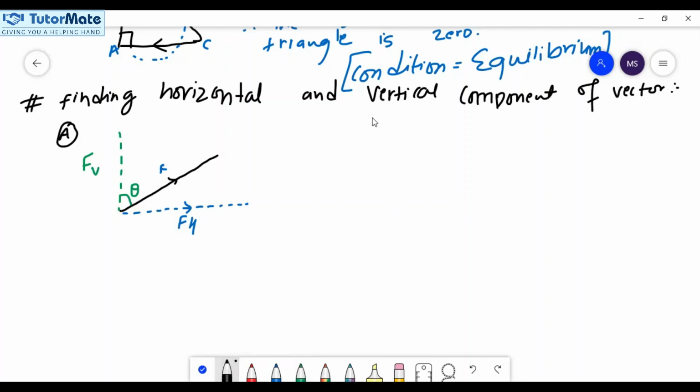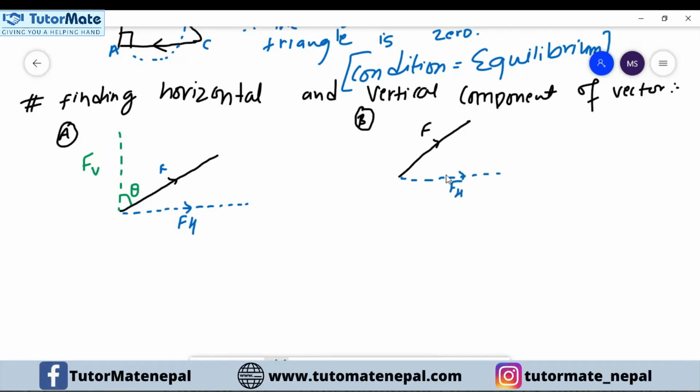So let's have another diagram where we have an angle with the horizontal part. This is the force F, and this is Fh, the horizontal component of the force.